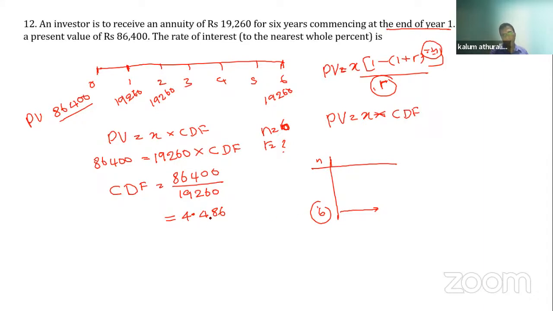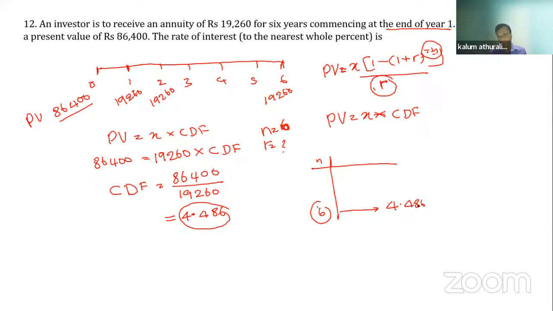Let's check this value in this row, 4.486, in the 6th row. Yes. Can you find it?